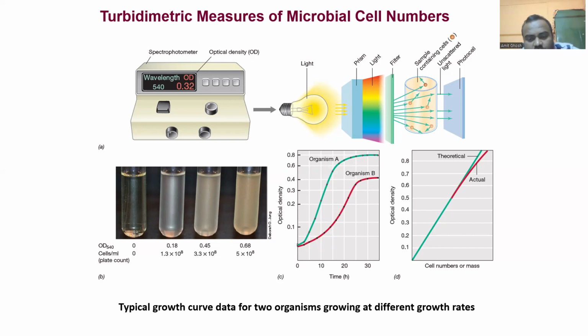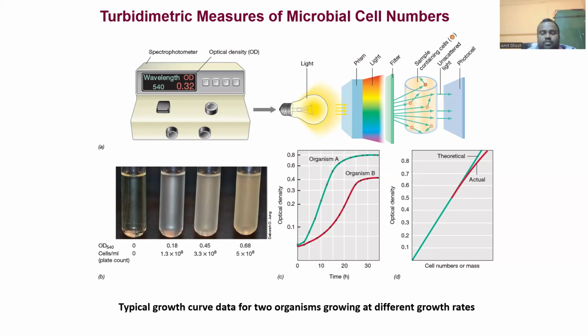So if you grow the microorganisms in a time dependent manner, we can plot the growth as per optical density and time. The graph here shows two organisms, organism A and organism B, and their growth and optical density reflected over the time period.